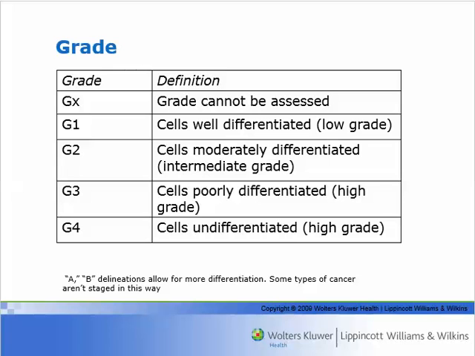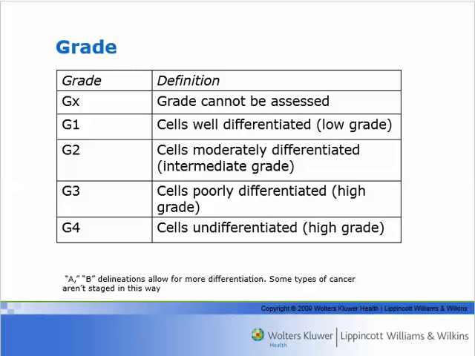The grading system is looking at what's actually happening with the cells. It's looking at the degree of differentiation or the lack of differentiation. So a grade 1 is the cells look like what they were supposed to. They might be slightly dysplastic. So when they do a pap smear and they say, "Oh, we see some abnormal cells," they're probably at this G1 stage.